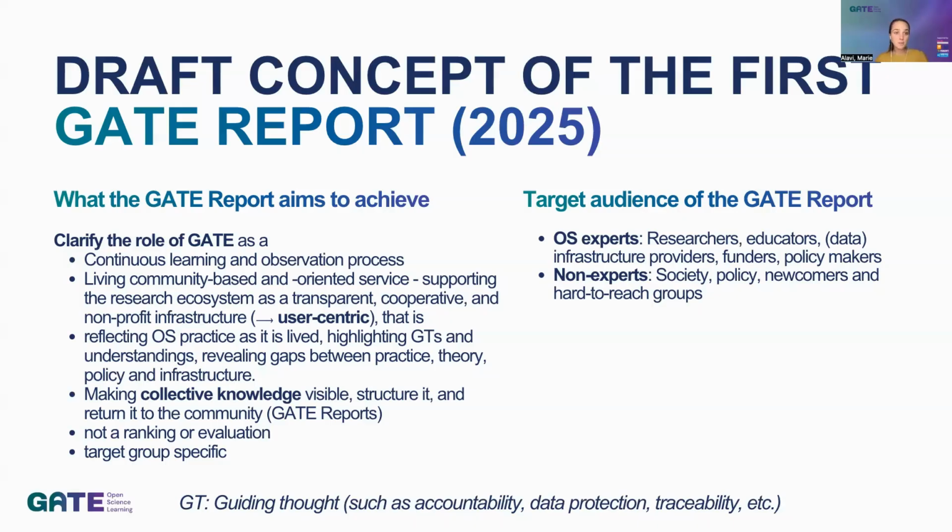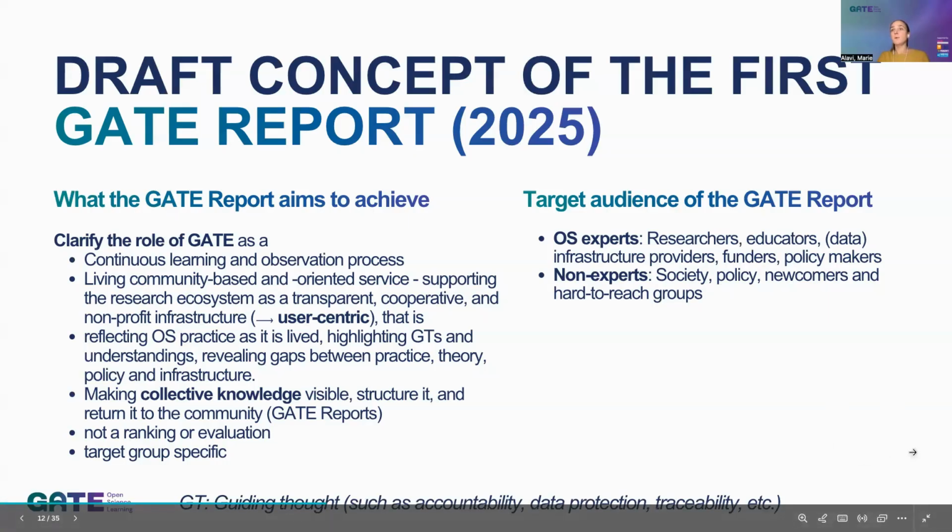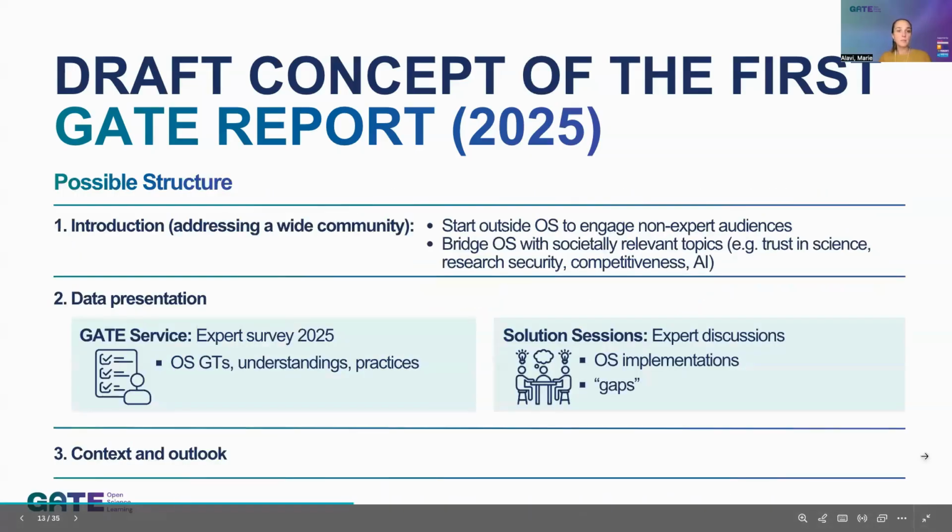We aim to address, on the one hand, open science experts, who are actors, practitioners, stakeholders of open science, researchers, educators, those who provide data infrastructures, policymakers, or funders, but also we aim to reach the wider community, those who are not in the field, who are new to this topic, the wider society also, or the policy audience.